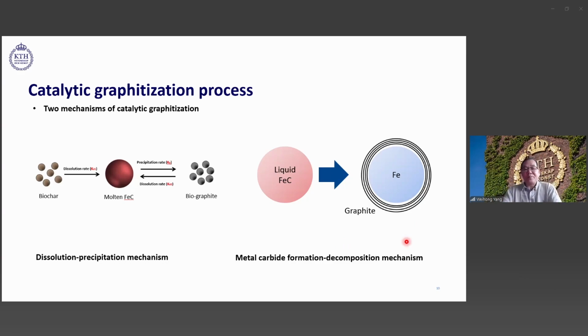In principle, the two mechanisms are not so different. The idea is that carbon comes into the catalyst and after a certain time goes outside. So when we design the process, we have to understand how fast the carbon comes into the iron, and under which conditions.